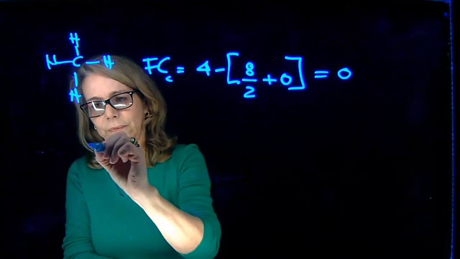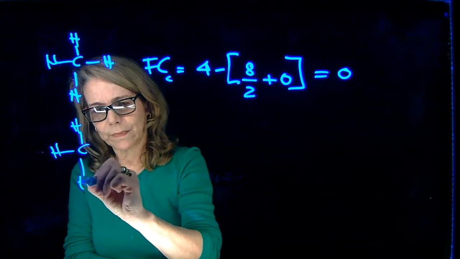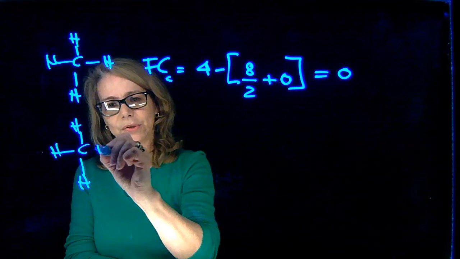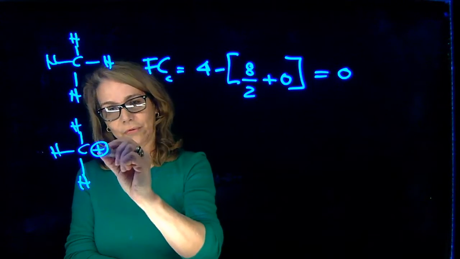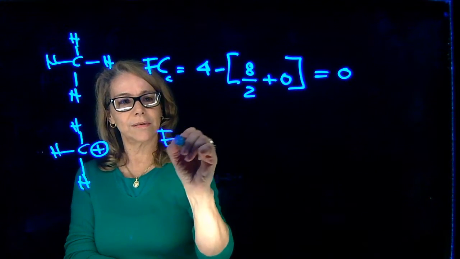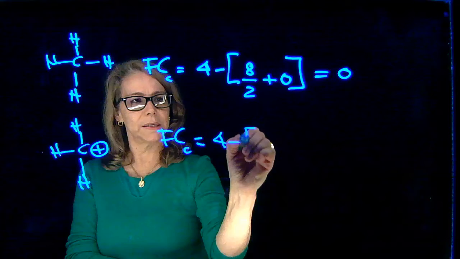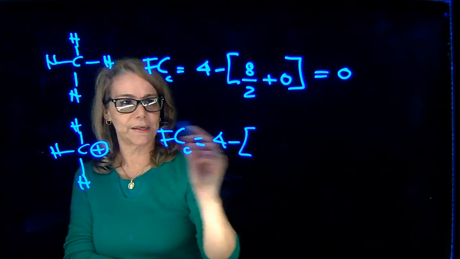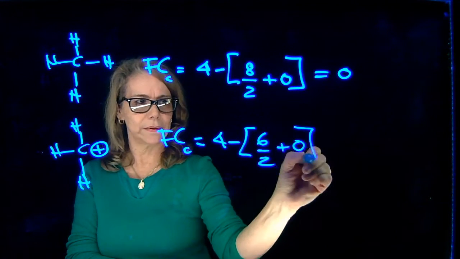But now, say you have only this, and the formal charge here is a plus. If you calculate the formal charge in this structure, it is 4 minus the number of electrons in bonds, which is 2, 4, 6, divided by 2. We don't have lone pairs, and that is important.